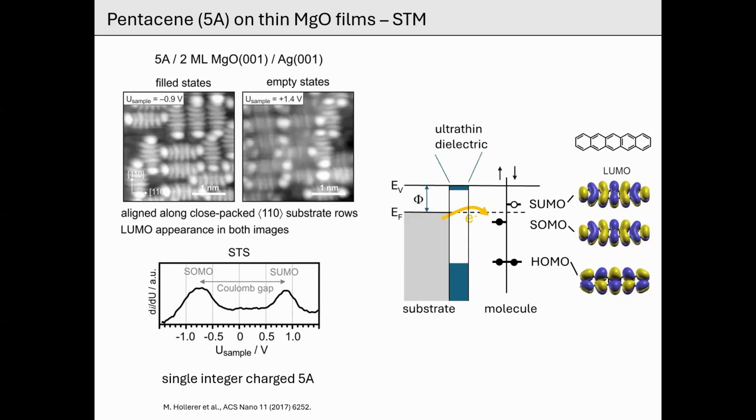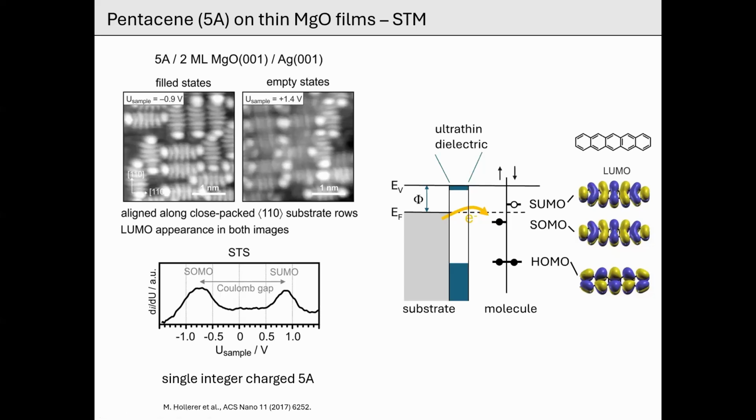This is already a good indication that we have charge transfer, because if we see the same orbital structure, this means that we basically have a SOMO and a SUMO of similar origin. A single electron has been transferred. In this case, this is LUMO derived. So basically the pentacene is singly negatively charged.